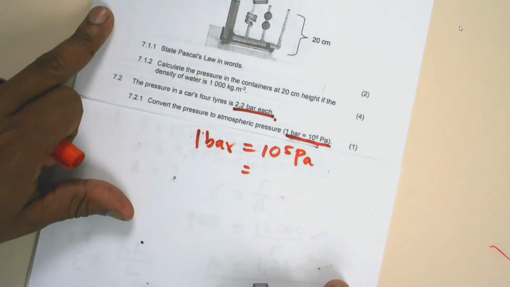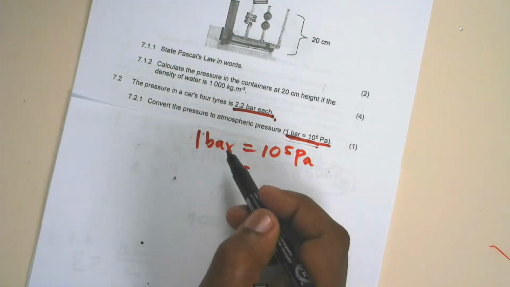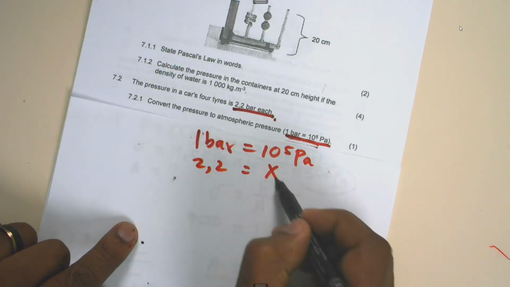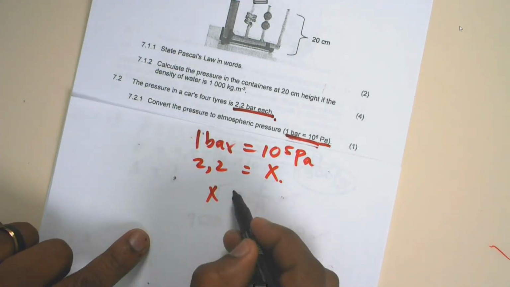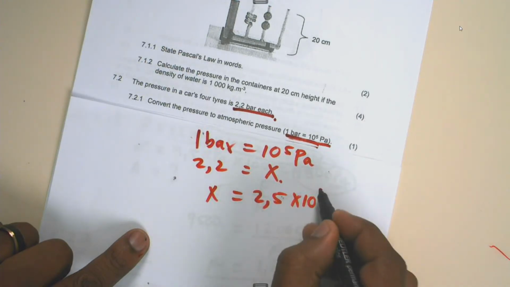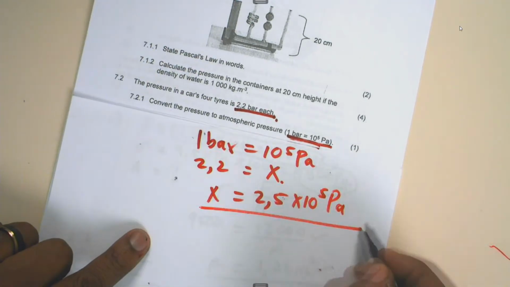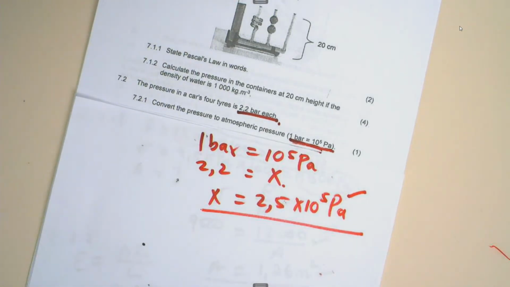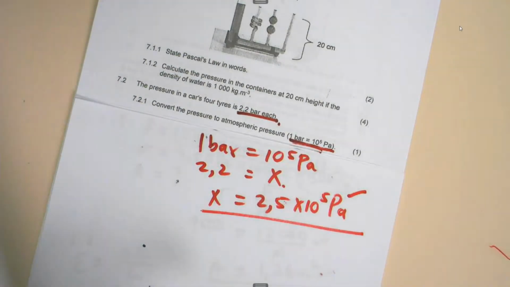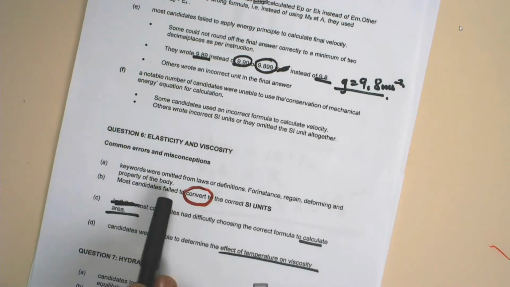So the car has something like 2.2 bar. So my x eventually became something like 2.2 multiplied by 10 to the power 5 Pascal, and then it was just 1 mark for this one. So that one was not a challenge, but the examiner is aware that we are failing to convert to the correct SI units.